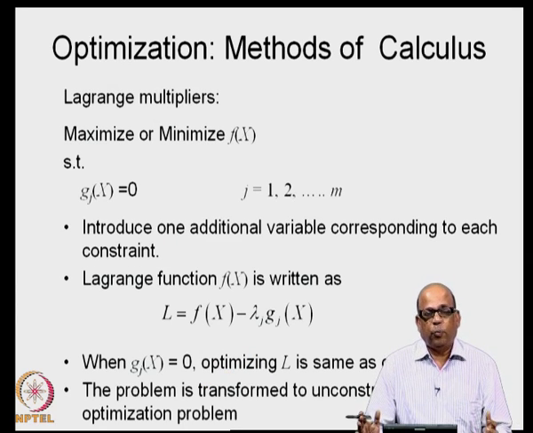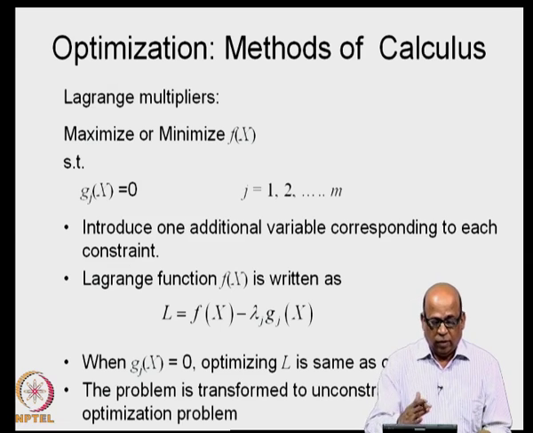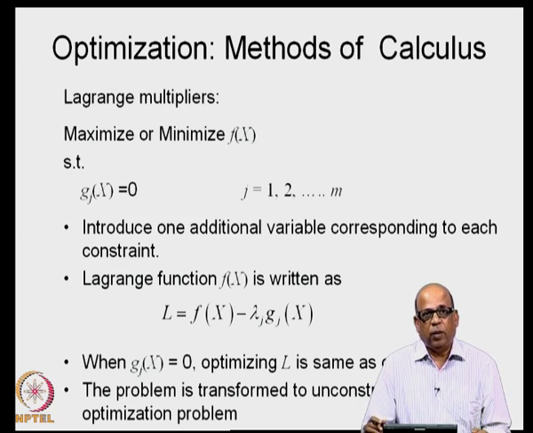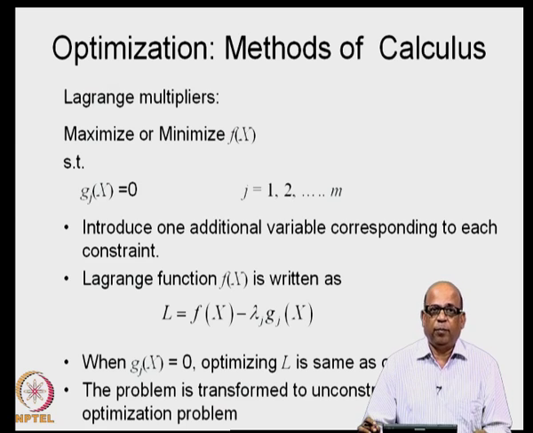However, for large problems, this method is not an elegant method, it will be quite cumbersome, and therefore, we evolve methods of Lagrange multipliers, which is a much more rigorous method of calculus.